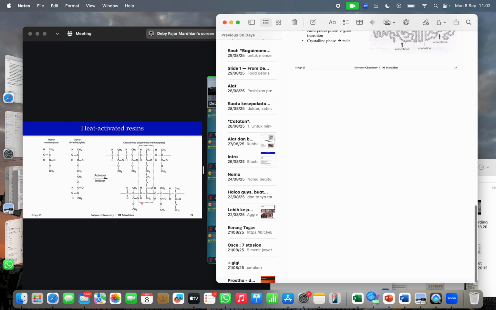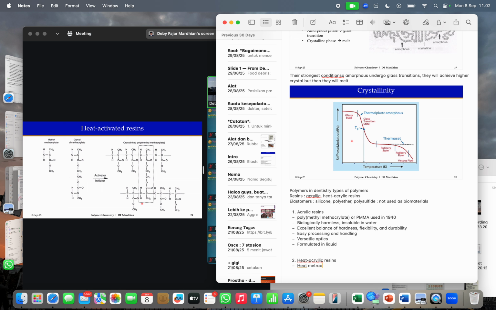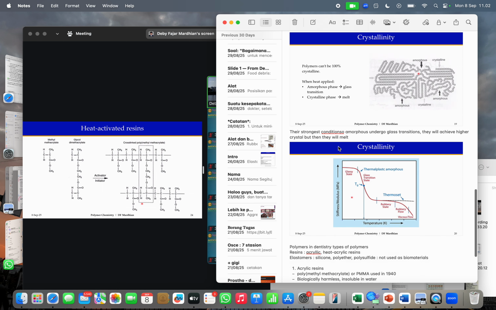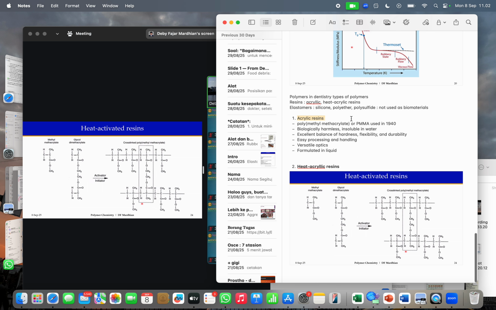The glycol dimethacrylate will cross-link the PMMA or polymethyl methacrylate, creating stronger polymers compared to their initial form of PMMA and glycol dimethacrylate themselves.